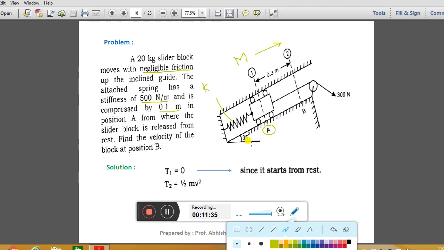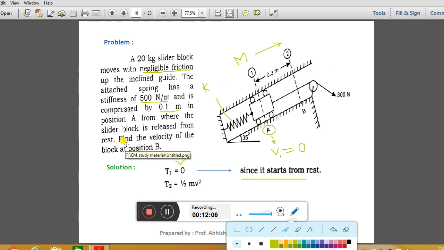That means at position A, or position 1, it starts from rest, so we can say the velocity at position 1 will be equal to 0. If the velocity at position 1 is 0, the initial value of kinetic energy will be 0, since it starts from rest.